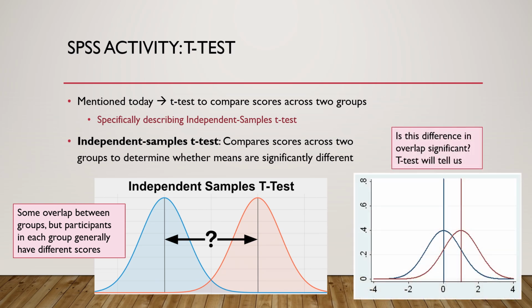Otherwise, you might have something that looks like this, where there's a lot more overlap between the red and blue scores. You can see that the average for the red and blue are a lot closer together, and there's a lot more variance overlap there. The first example I gave you, there's only a little bit of overlap in the middle, but here there's a good proportion of the variance that is overlapping.